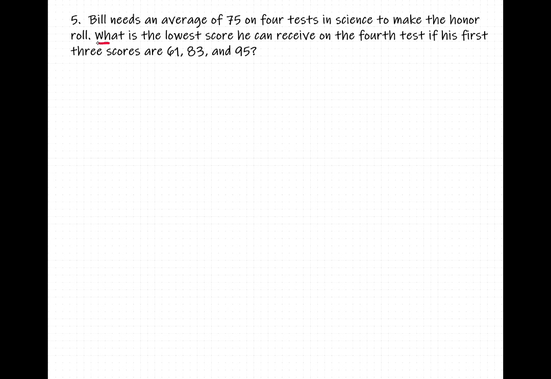What is the lowest score on the 4th test? Okay, so that's unknown. We know 3 of the scores, and the 4th one is unknown, so let's let x represent that unknown. x equals the 4th test score.